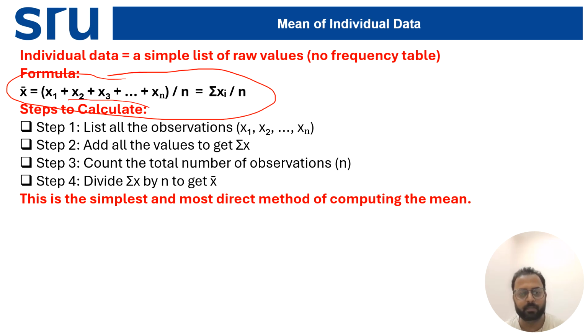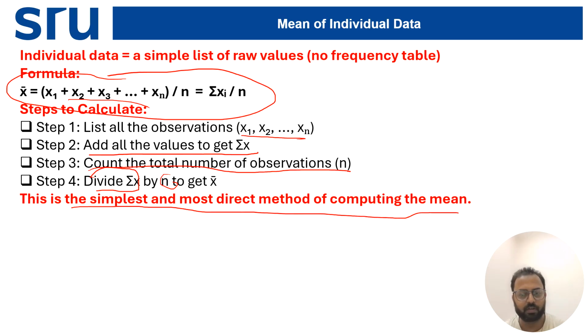Steps to calculate: first we list all observations, then we add all observations, then we count the total number of observations, and then we divide the sum of all observations by n to get x bar. This is the simplest and most direct method of computing mean.